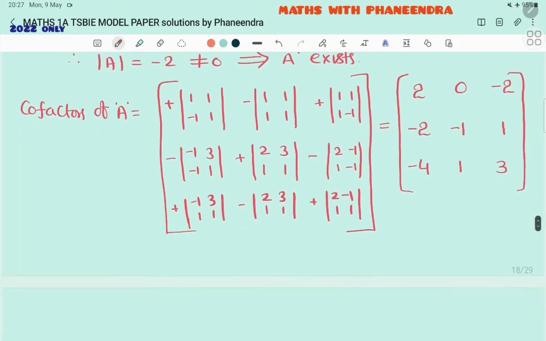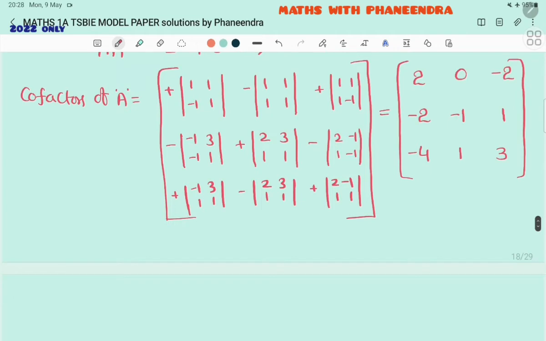After getting the cofactors matrix, adjoint A is equal to the transpose of the cofactors matrix.